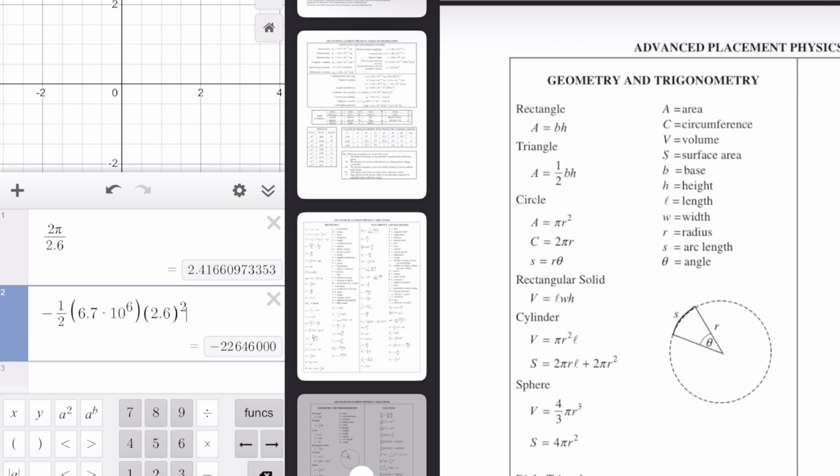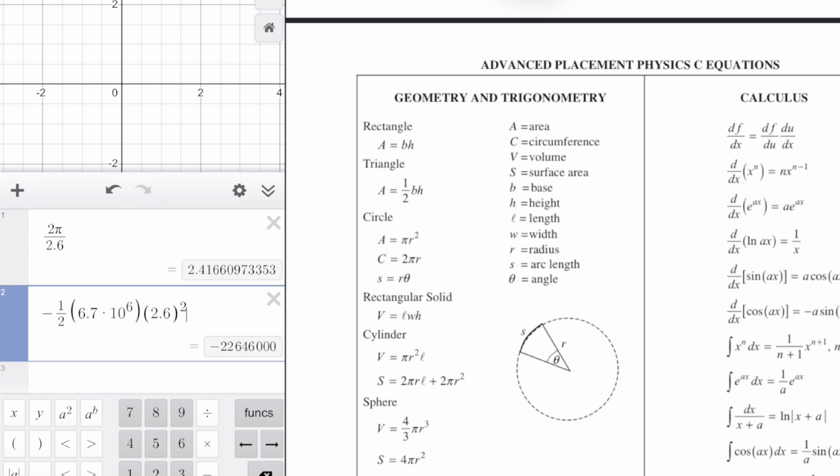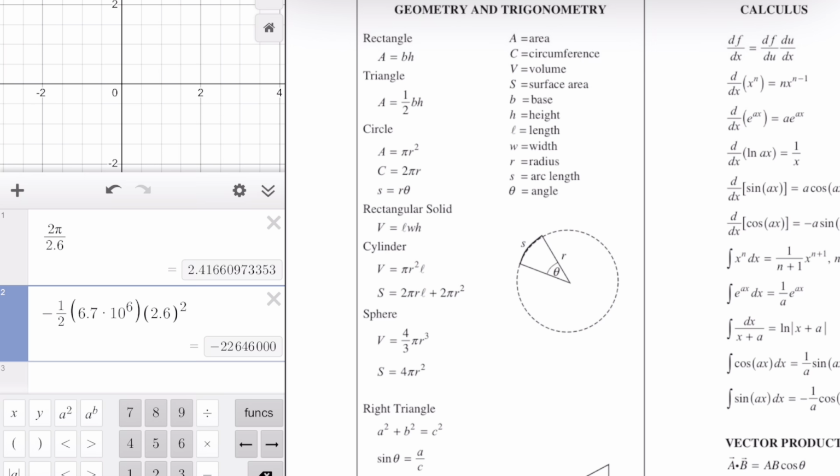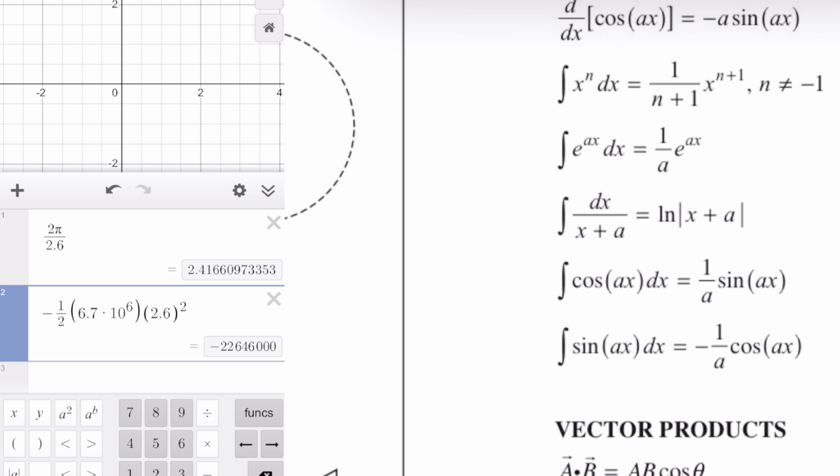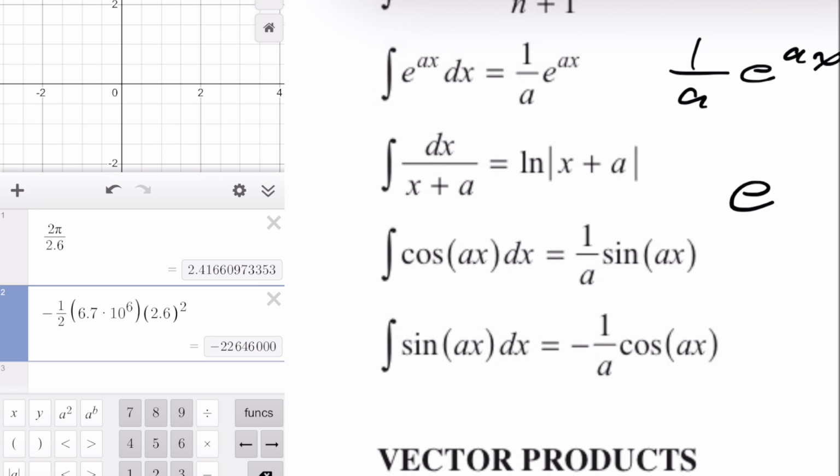Oh, you'll have to forgive me, I have to close this. If we go up here, okay, you'll recognize that when I integrate e, I need to do 1 over a, e to the ax. So because it was e to the negative b naught t, that will integrate to 1 over negative b naught, e to the negative b naught t.